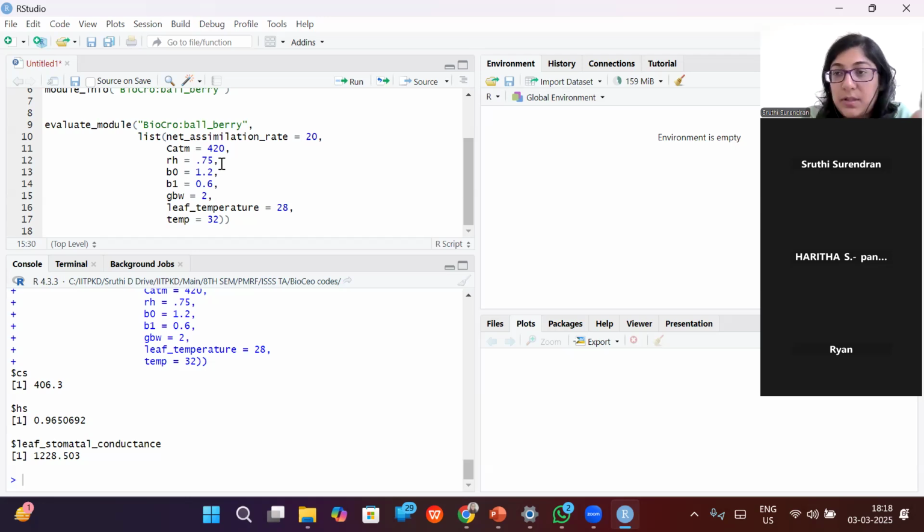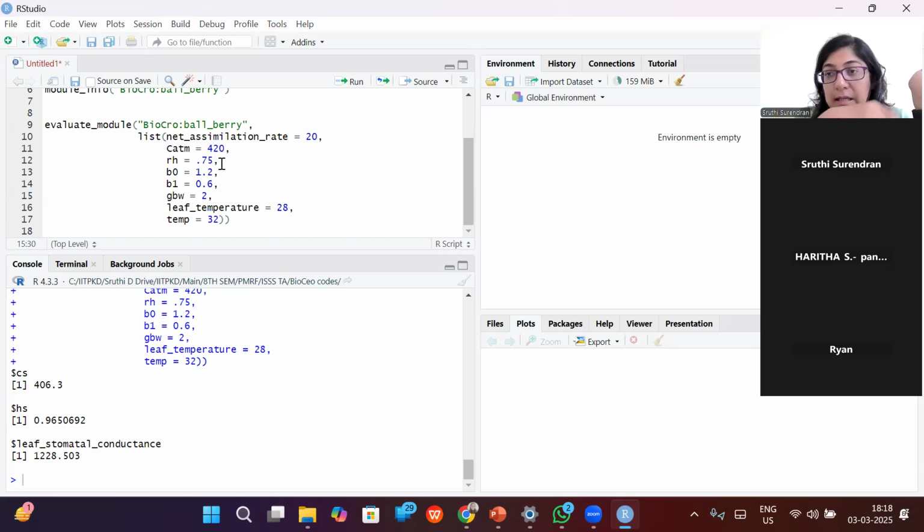It is for this reason that I have introduced the Ballberry equation to you, because in BioCro they are coupling these two modules, the FVCB module and the Ballberry module, so that those two processes are not simulated separately. We know how both these processes are very interlinked with each other.